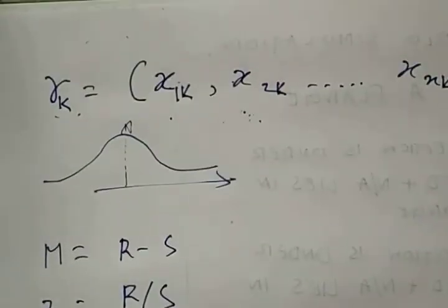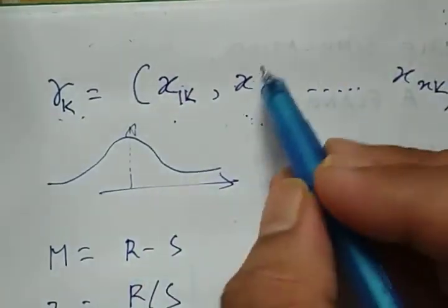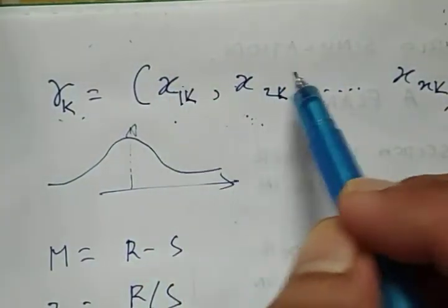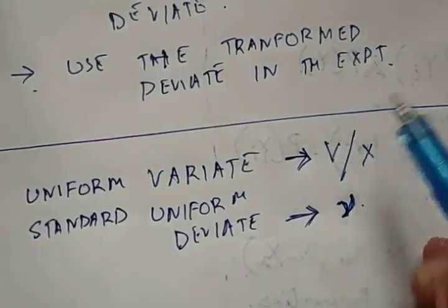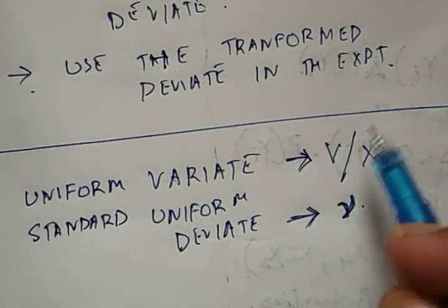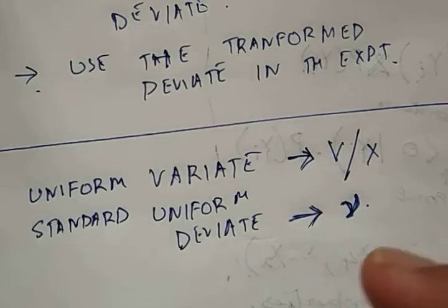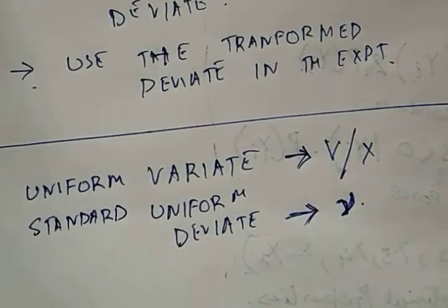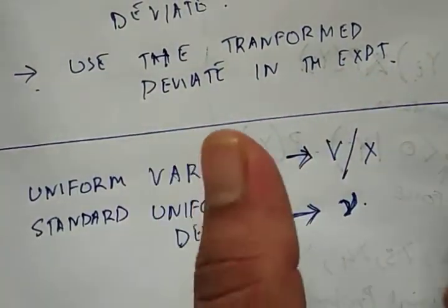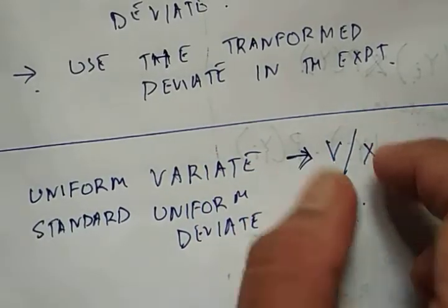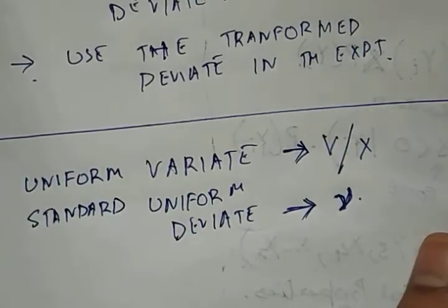These are the values we are going to vary. Whatever parameters I'm going to vary, these are the uniform variate. And the standard uniform deviate is a parameter that is going to give rise to the various values that I can deviate from, within a particular range. So it constrains these values so that they don't become some impractical values.